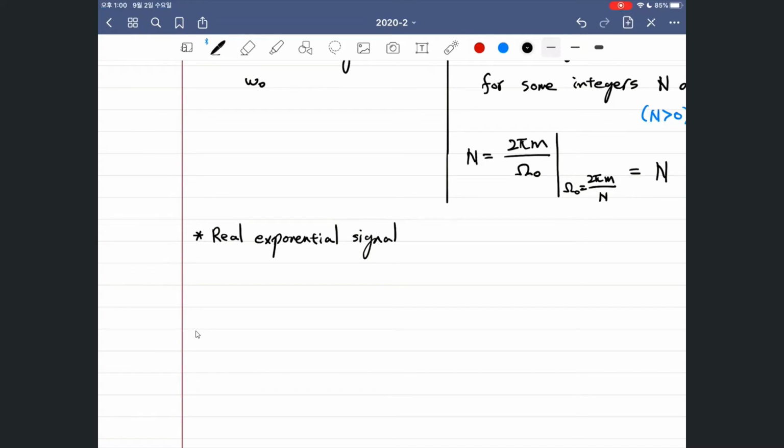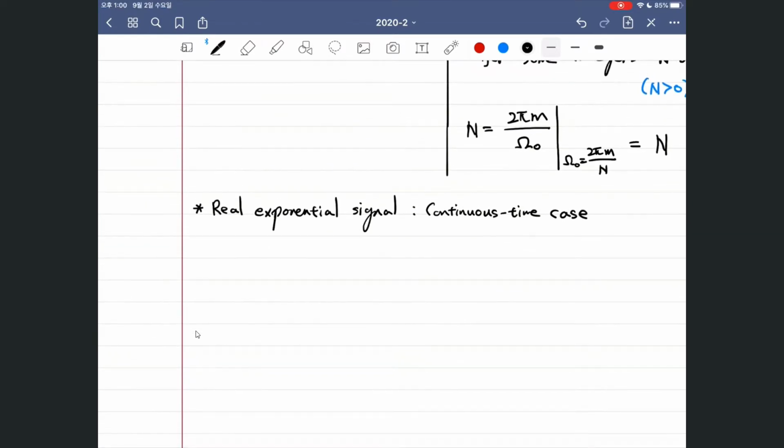Okay, so let's start with the continuous time case. For the continuous time, the expression for the real exponential can be written as c times e to the a multiplied by t.